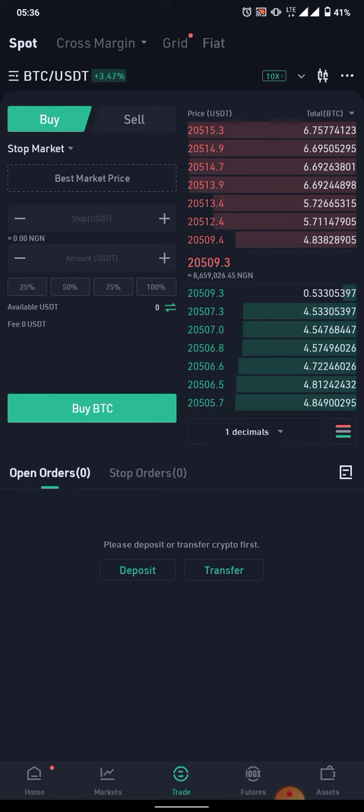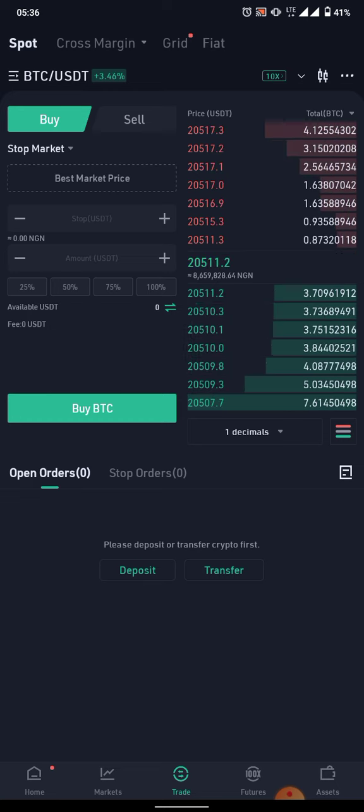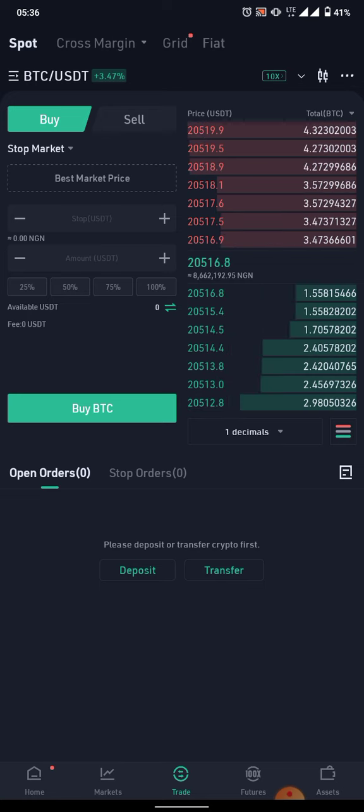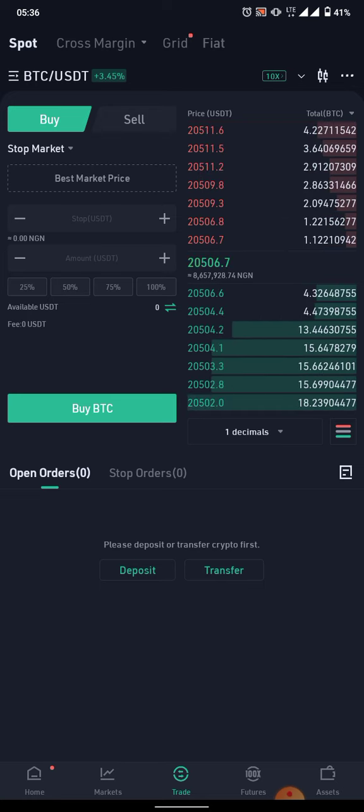Situations may warrant that you have to buy at a price higher than the current market price. You have to use a stop order. Your limit order will not work for that. So with that stop order, you put your price at a higher price. Then when the market comes to the specified price, it fills you in and your order is placed.